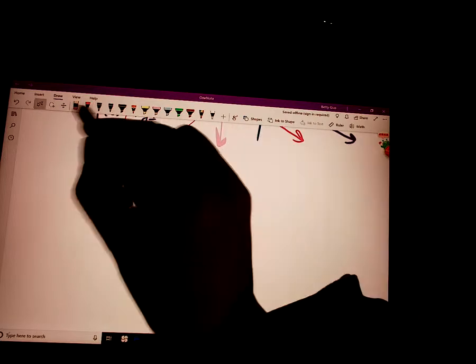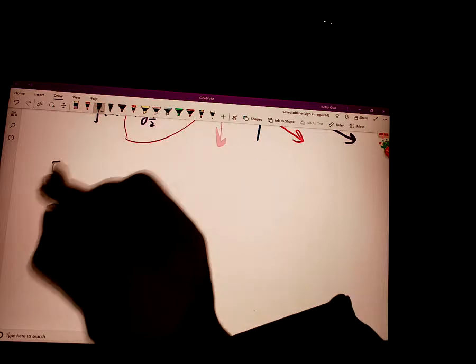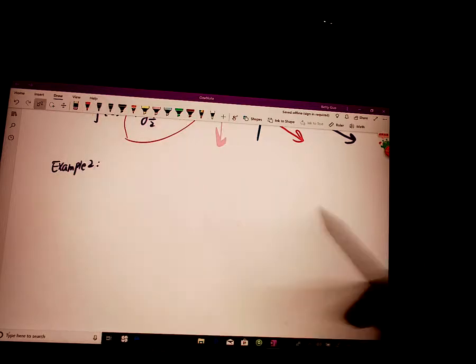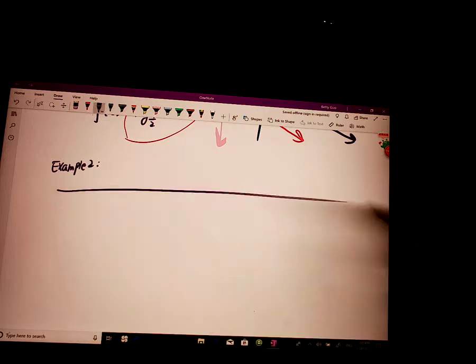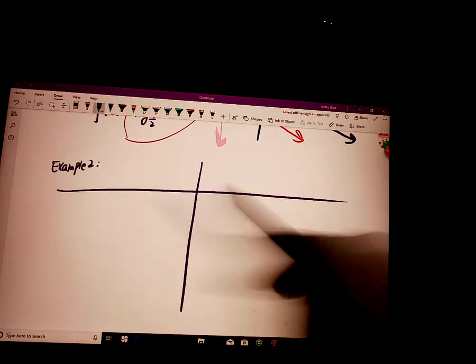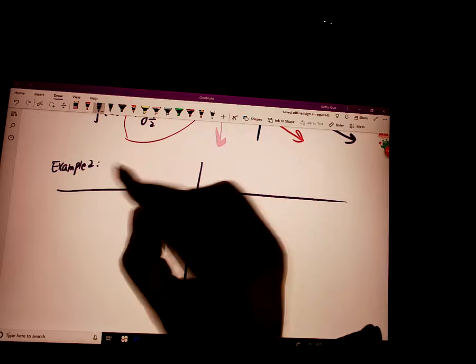Example 2, very important. We are going to complete this table, okay? A 2-column table.